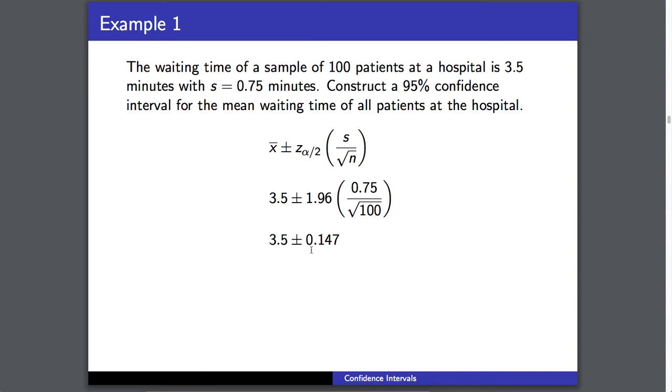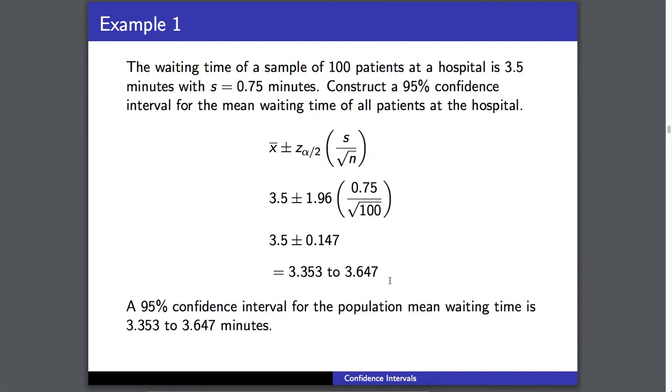So our margin of error for our population mean waiting time, this 0.147 minutes, that means that we have 3.5 minutes for our sample mean with a margin of error of 0.147 minutes, which will give us between 3.353 minutes to 3.647 minutes.